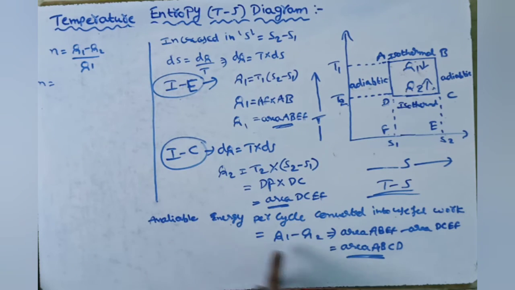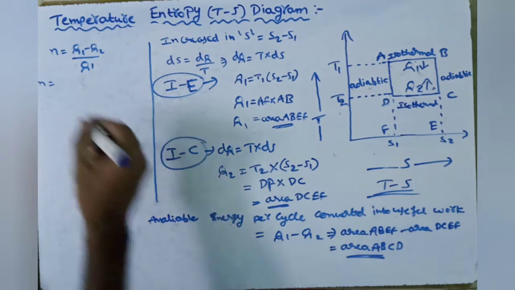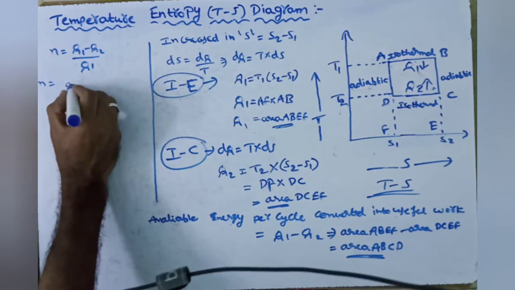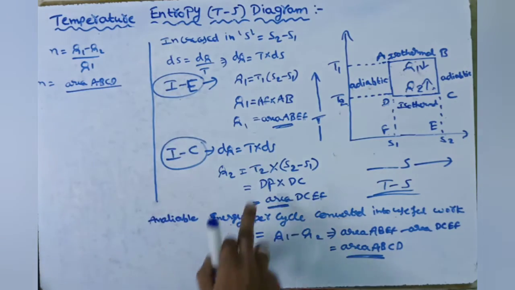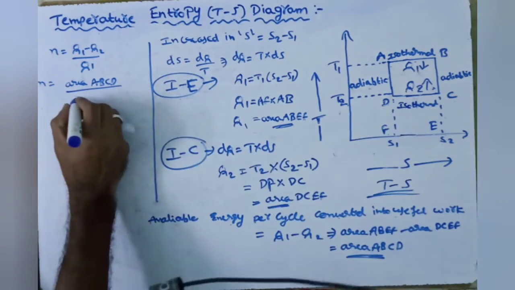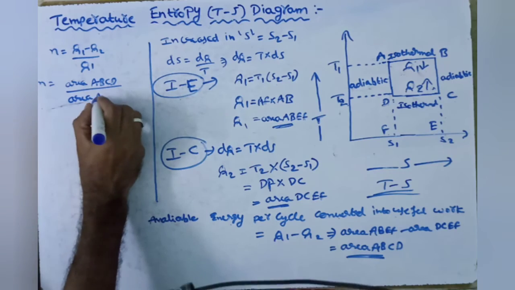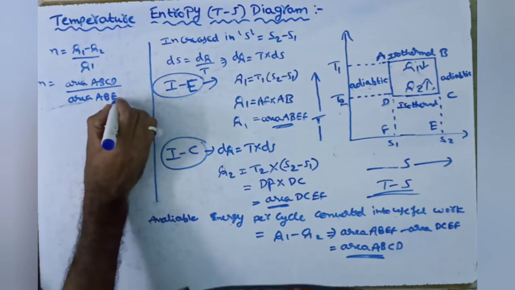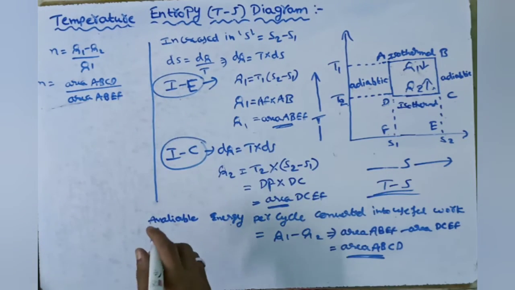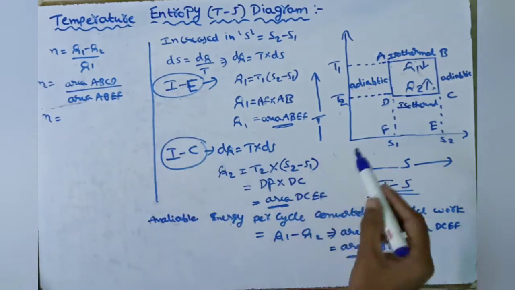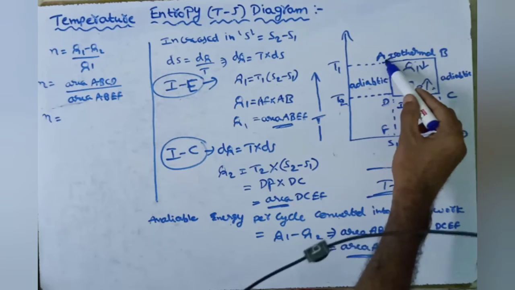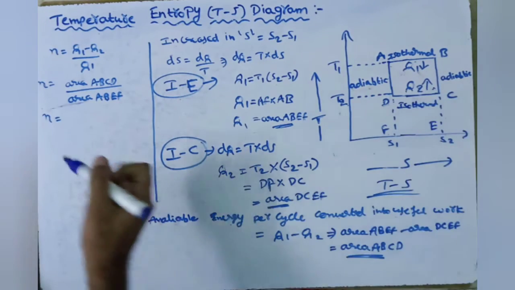Here Q1 minus Q2 is the area of ABCD, so we write in the place of Q1 minus Q2, area ABCD. Here Q1 is the area of ABEF, so we write area ABEF for Q1.